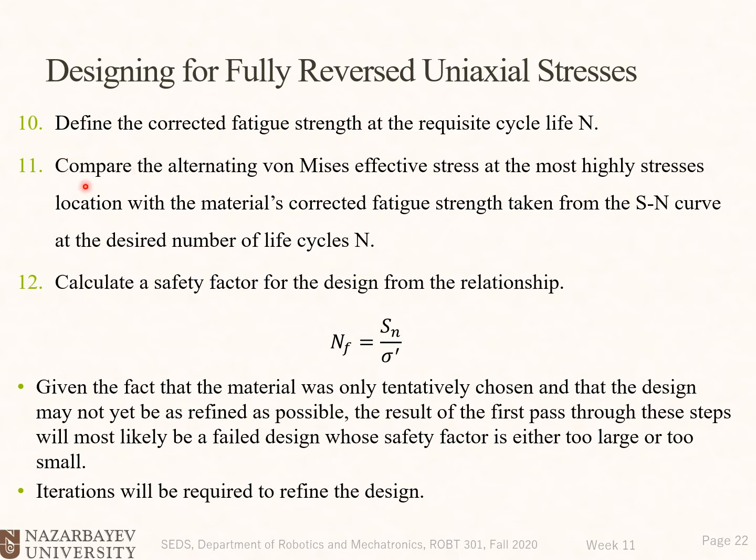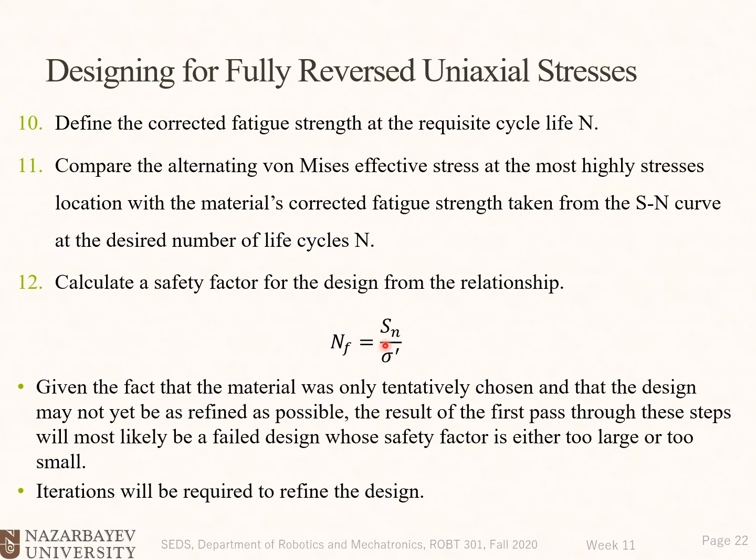fatigue strengths. 11. Compare the alternating von Mises effective stress at the most highly stressed location with the material's corrected fatigue strengths taken from the SN curve at the desired number of life cycles N. Then calculate the safety factor for the design from the relation NF, which is the safety factor, equal to Sn divided by sigma prime.